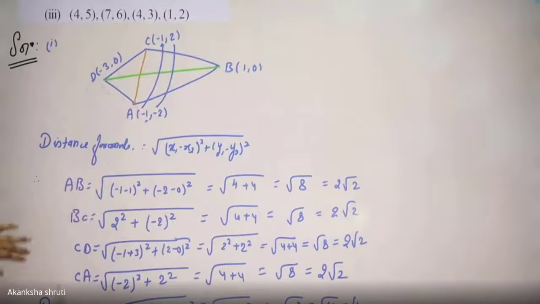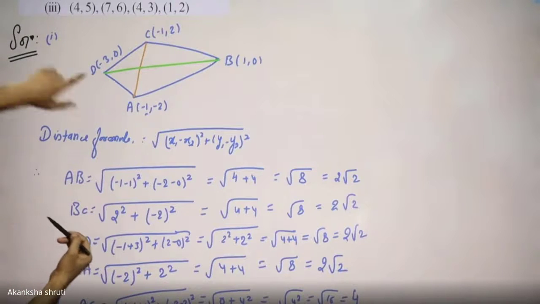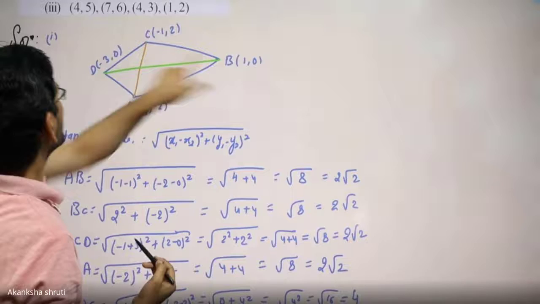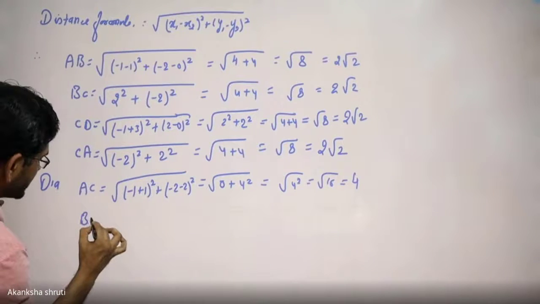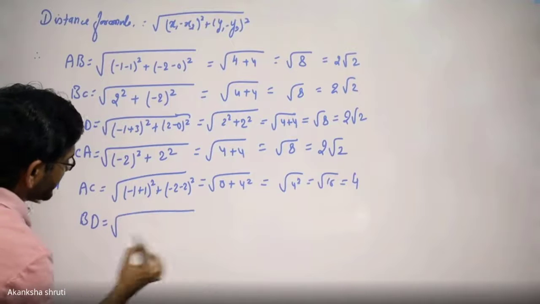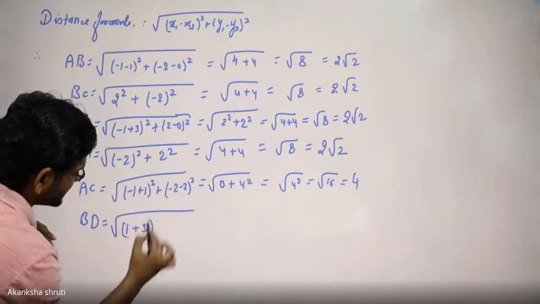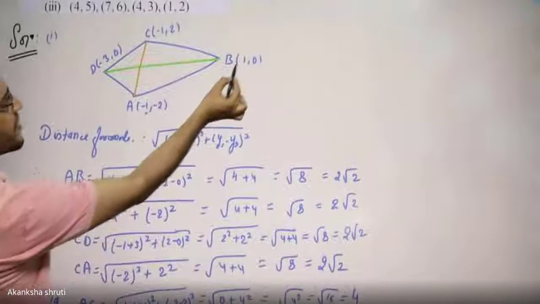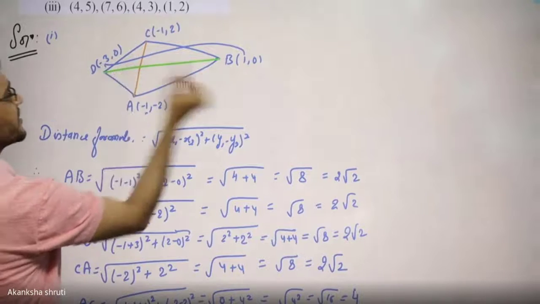Students, the other diagonal B and D we need to consider. So for considering B and D, we have to be careful. 1 minus of minus 3. So the other diagonal BD will be under root 1 minus of minus 3, which becomes plus 3, square. Students, how is this? This 1 and this 3 we have considered.